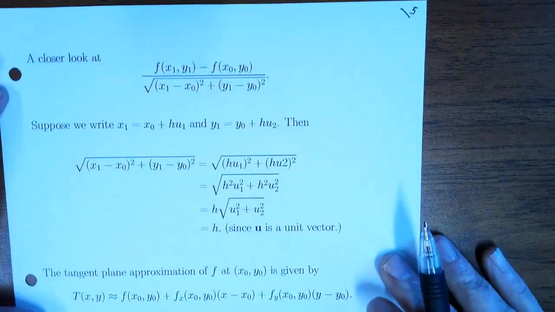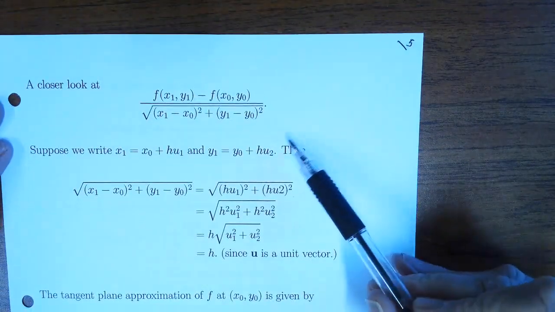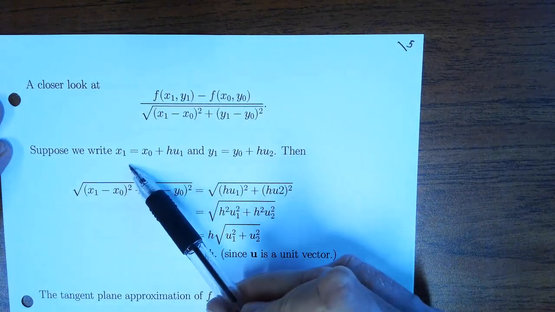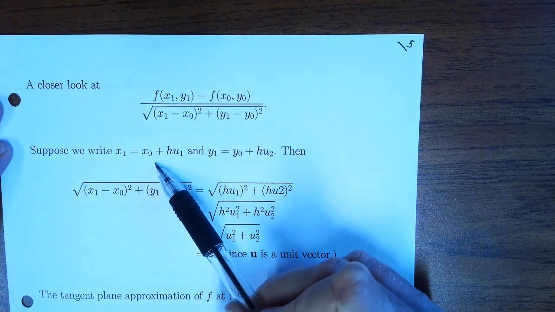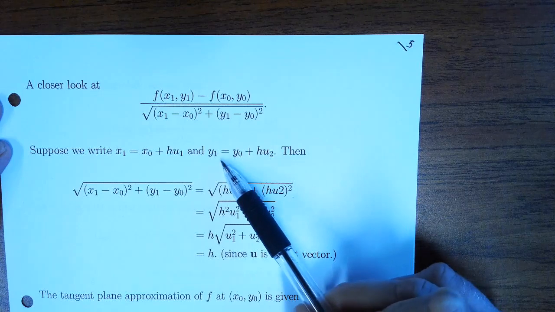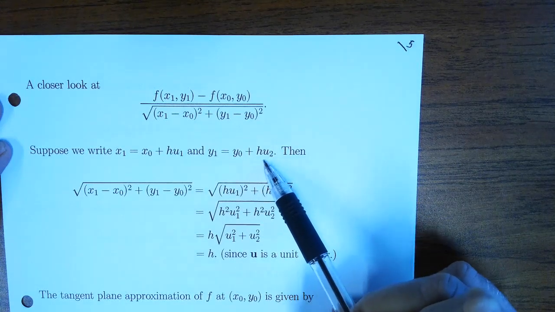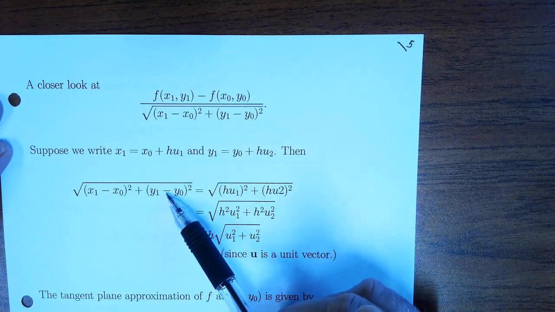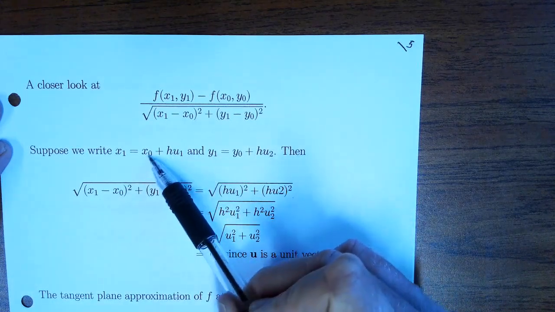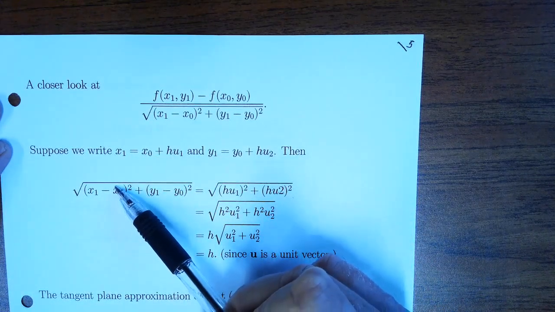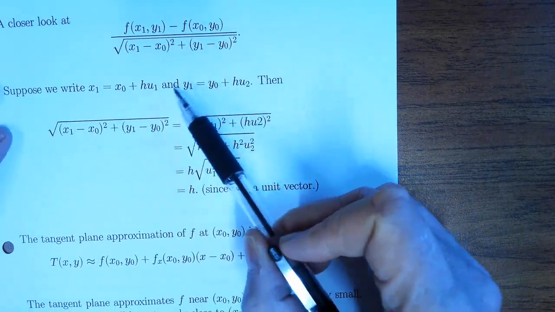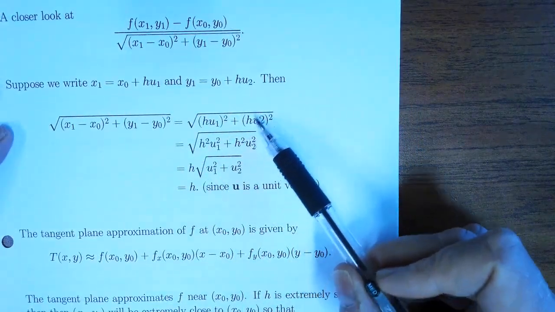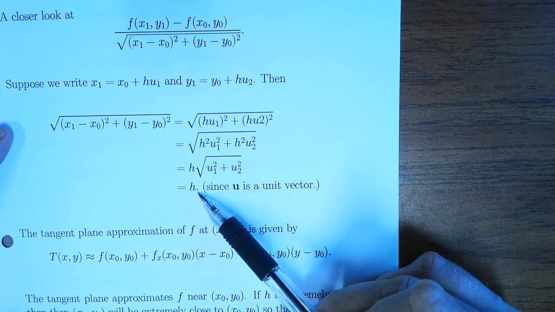Now let's go back and take a look at that change in z over change in distance. We know from the previous page that x1 equals x0 plus hu1, y1 equals y0 plus hu2. So if we substitute y1 in here, and x1 in there, we're going to get some simplification. We'll have some cancellations, and everything will reduce to be just h.